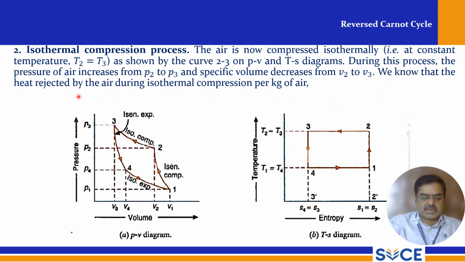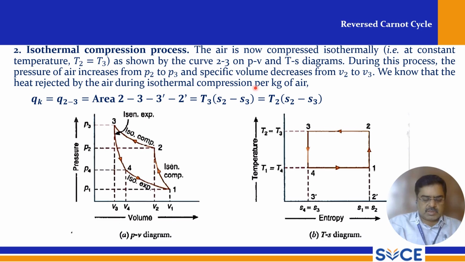We know the heat rejected by the air during isothermal compression per kg of air. This is the isothermal compression process of the reversed Carnot cycle. So here Qk is equal to Q2-3, that is the area under 2, 3, 3 dash and 2 dash.